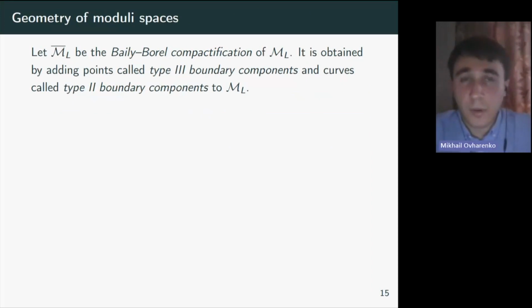And let me say a few words about the implications for the geometry of moduli spaces. Let us consider the natural projective compactification of our moduli spaces, the Baily-Borel compactification, and it is obtained by adding some points which are traditionally called type 3 boundary components and some curves called type 2 boundary components.